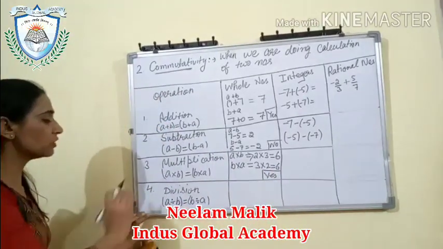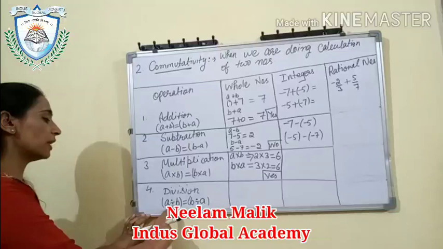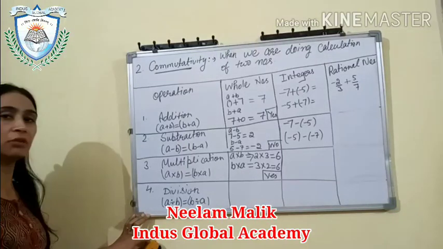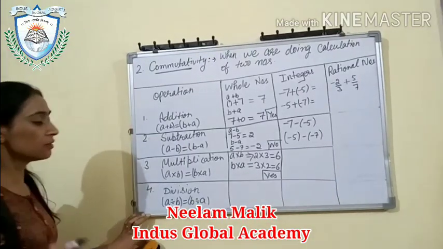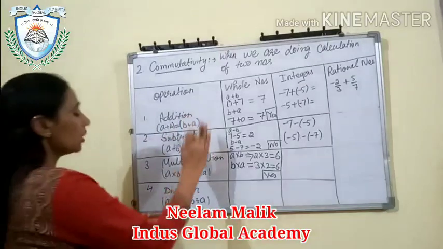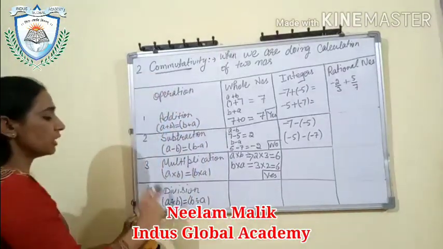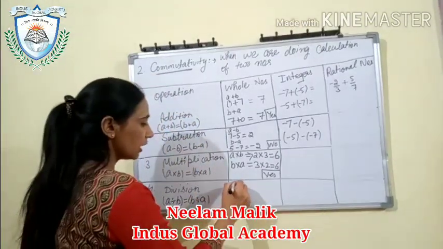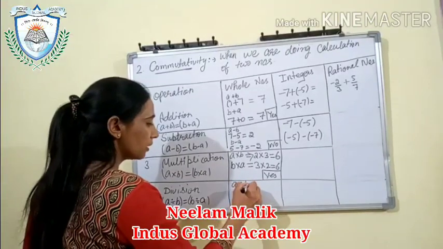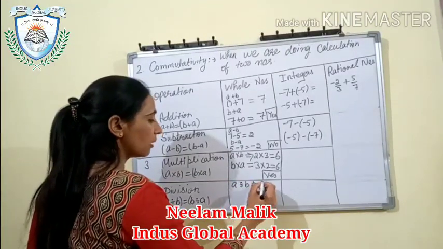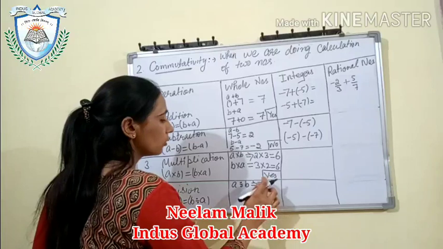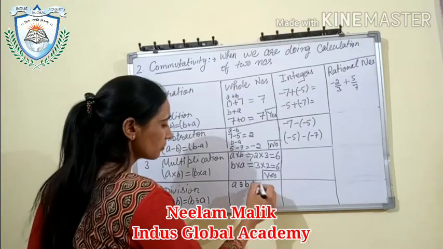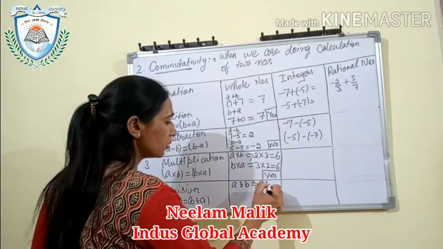Next is division. If a divided by b is equal to b divided by a, then we will say whole numbers are commutative under division. Let's check a divided by b. Any number you can take. I have 8 divided by 2.